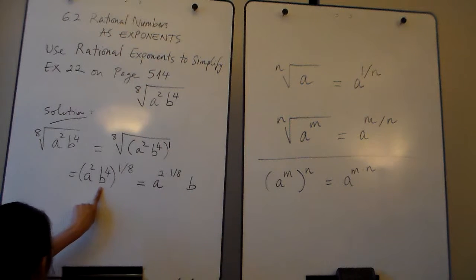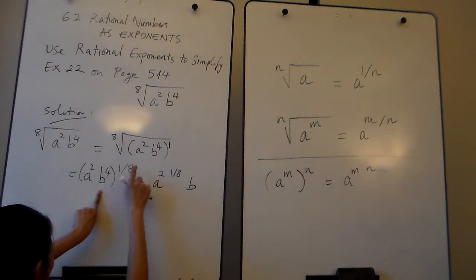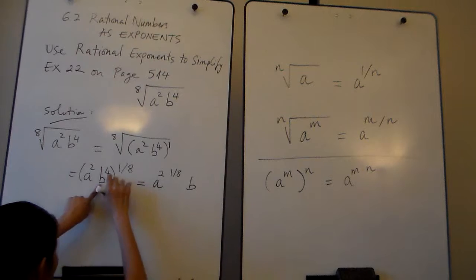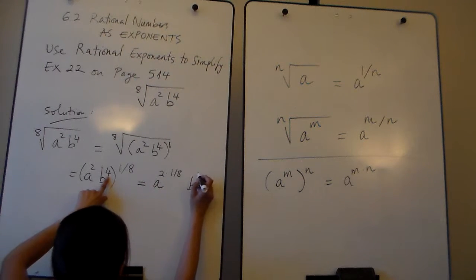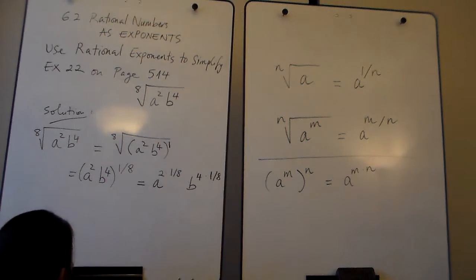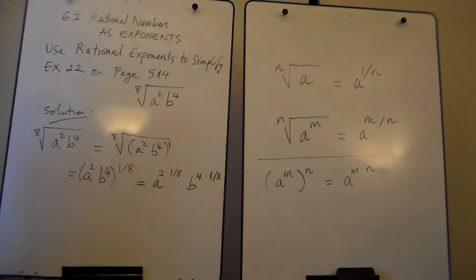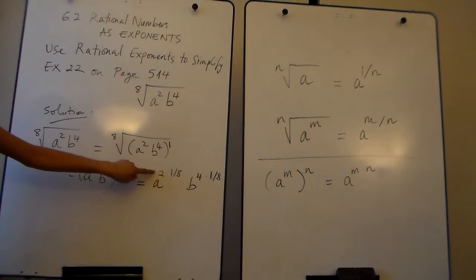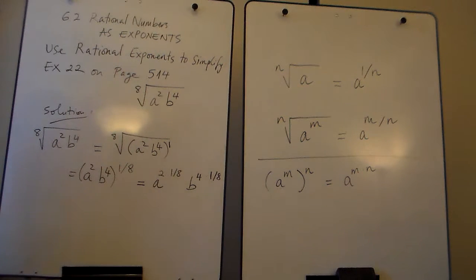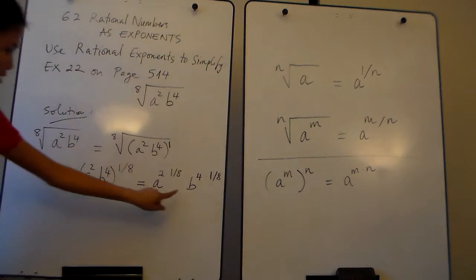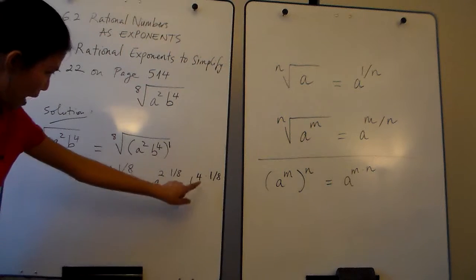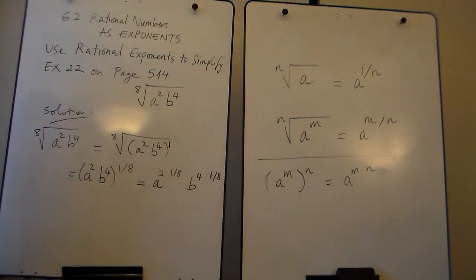I take 1 divided by n times the exponent of b, so I have 4 times 1 divided by n. Applying this law to each factor, for the a factor, I get a raised to the second power times 1 divided by n. For the b factor, I get b raised to the fourth power times 1 divided by n.